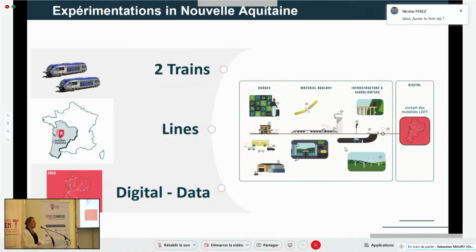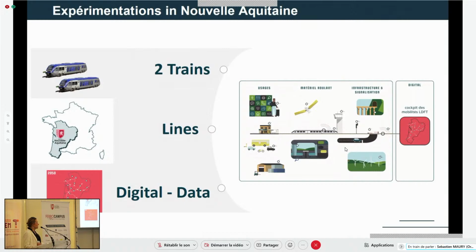The other one, we can make more invasive innovation, such as changing the powertrain system. We also offer the possibility to make experimentation on lines, and we have a digital data strategy. We can put some sensors to collect data required for your activity, and then provide it to you to accelerate the engineering of new solutions.